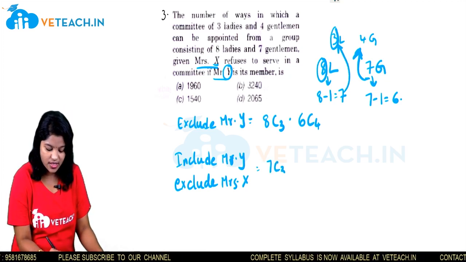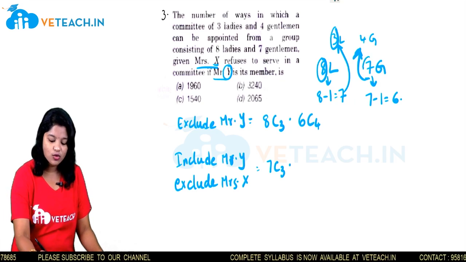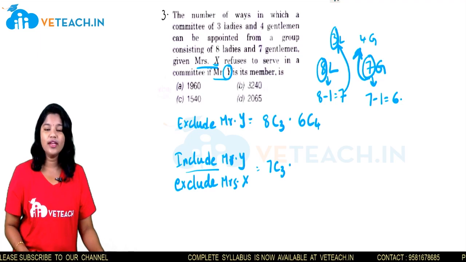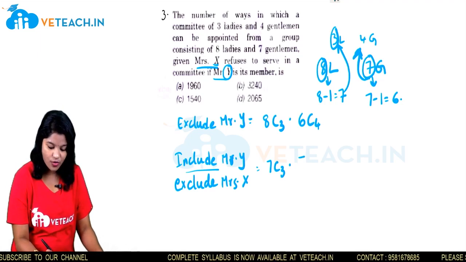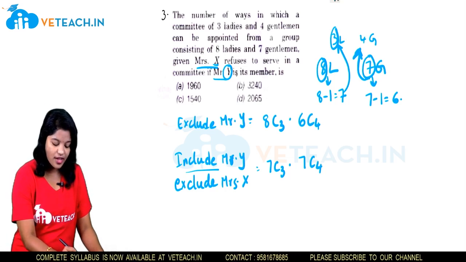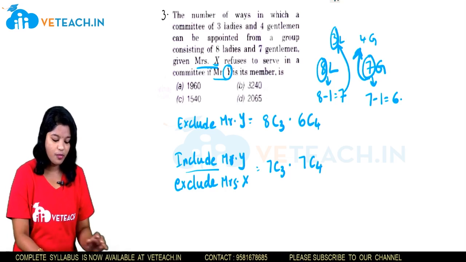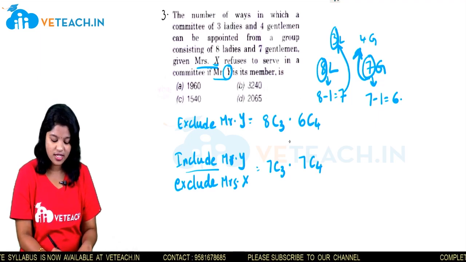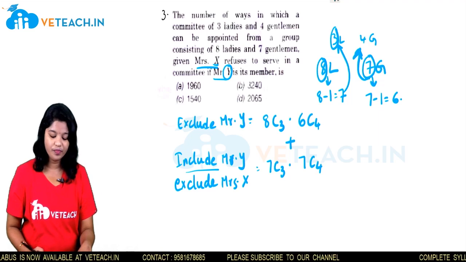So 7C3 into, now the total number of gentlemen are 7 itself, because here we are not excluding Mr. Y. So out of these 7, we should select 4 gentlemen. Now we have to find the number of ways for both conditions, that is simply add those both.